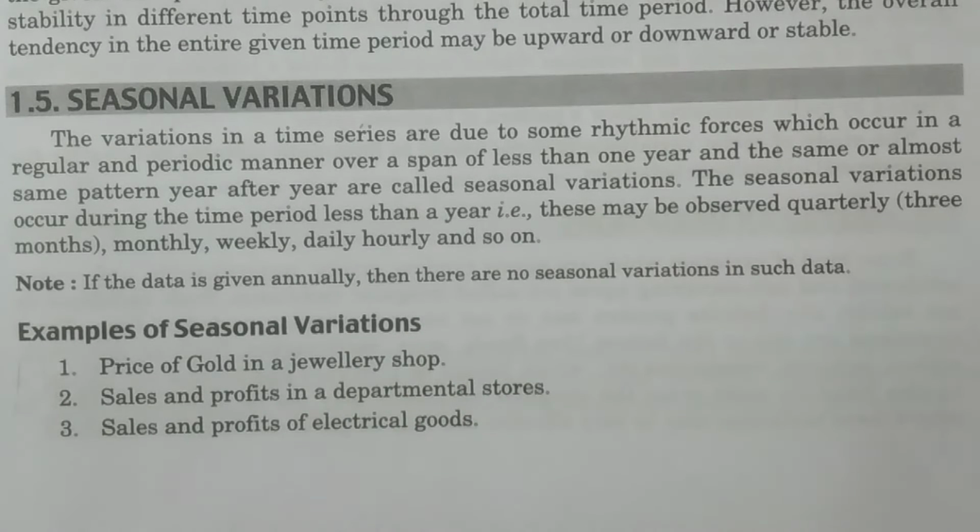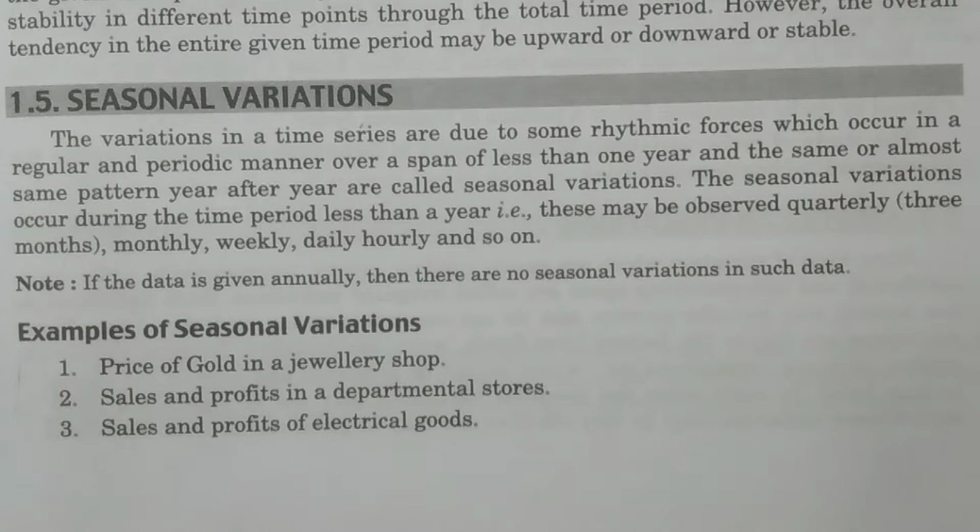The variations depend on the season, or on some rhythmic forces, which means some kind of pattern is observed year after year. For example, due to some particular factors like marriages, in the marriage season, generally the prices of some particular items will be very high.